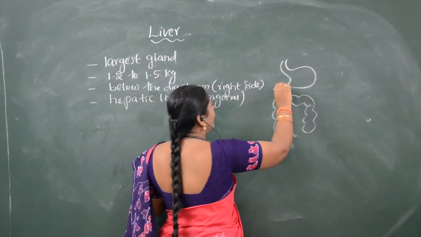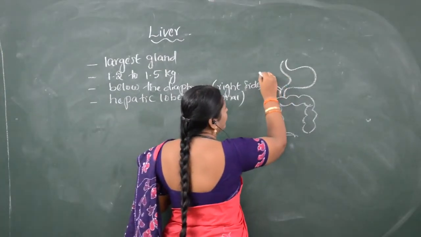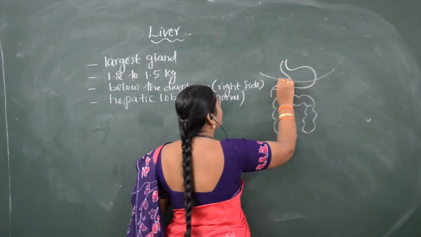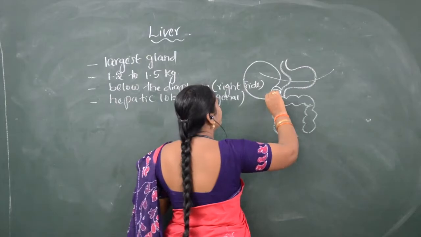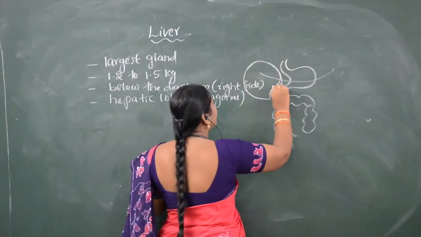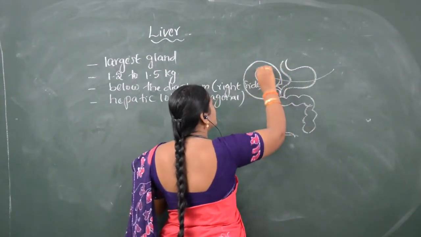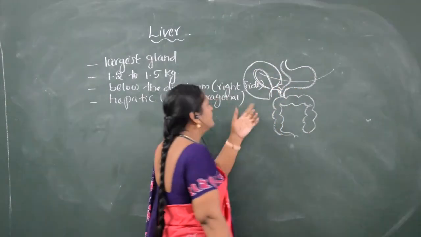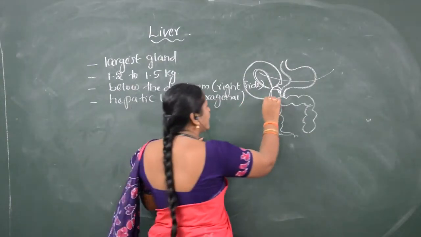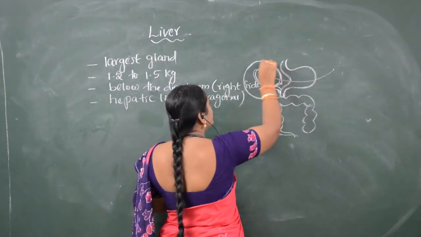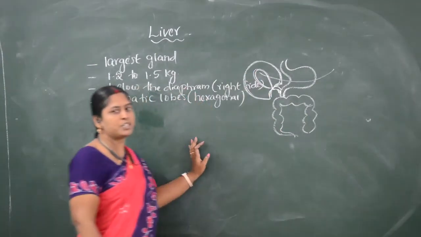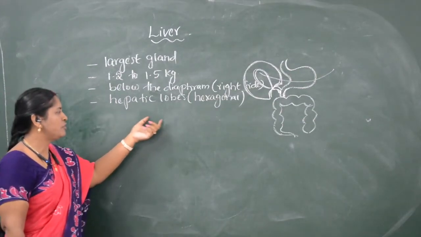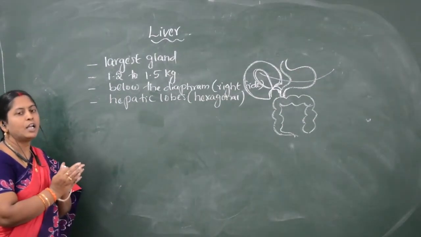This is the diaphragm, and below the diaphragm we can see the liver towards the right side, in the abdominal cavity. Each liver consists of two lobes, and each lobe we call a hepatic lobe.